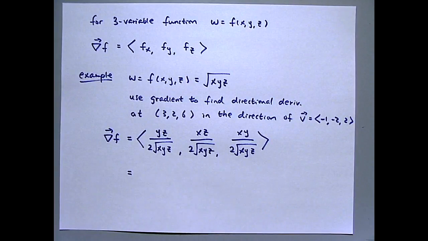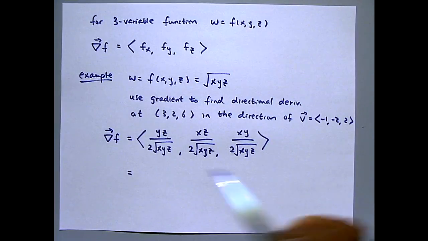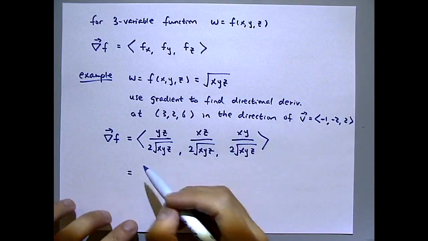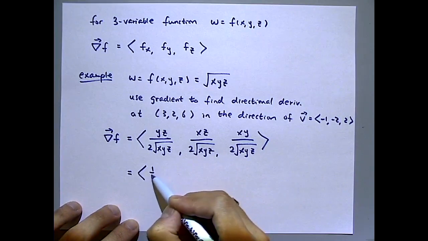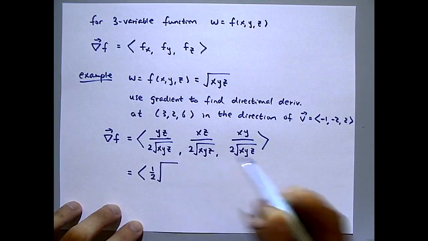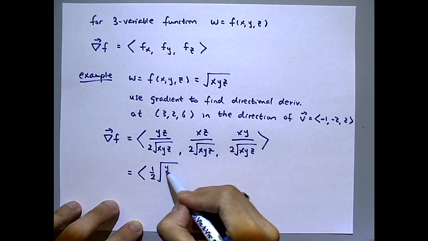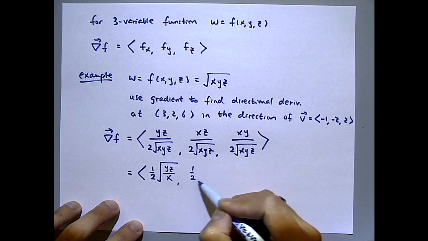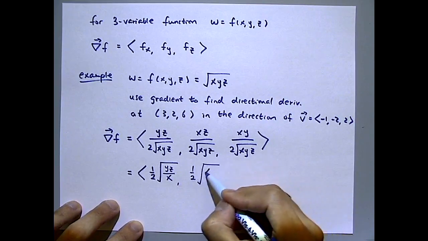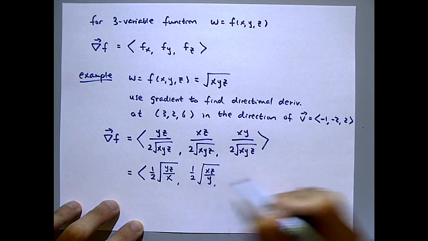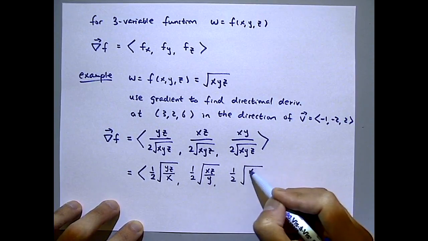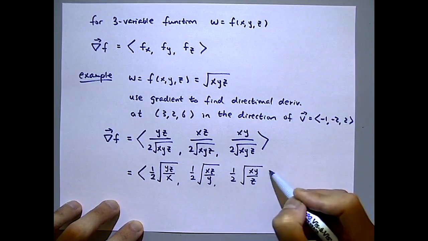These can be simplified just like the last example by looking at y as radical y squared, z as radical z squared on the top, and then simplifying exactly the same way we did. This will end up being 1 over 2 radical yz over x, 1 over 2 radical xz over y, and then 1 over 2 radical xy over z.